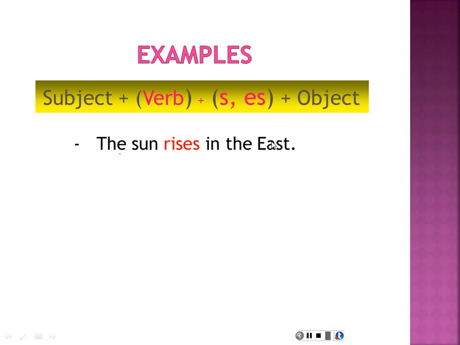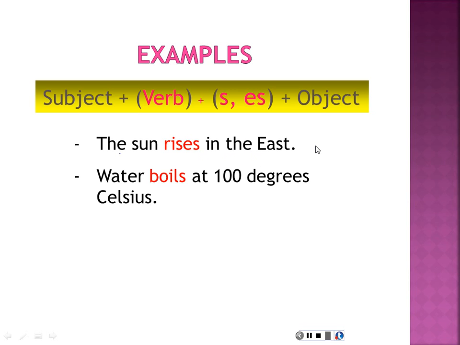This is a fact. حقيقة علمية, universal truth or scientific truth. The sun rises in the east. تشرق الشمس من الشرق. So the sun rises in the east. This is the first fact, the first example. And as you can see, if you compare to the structure that we have here, the subject is the sun, the verb is rises, and we added s, only s. We added s to rise, and in the east is the rest of the sentence.